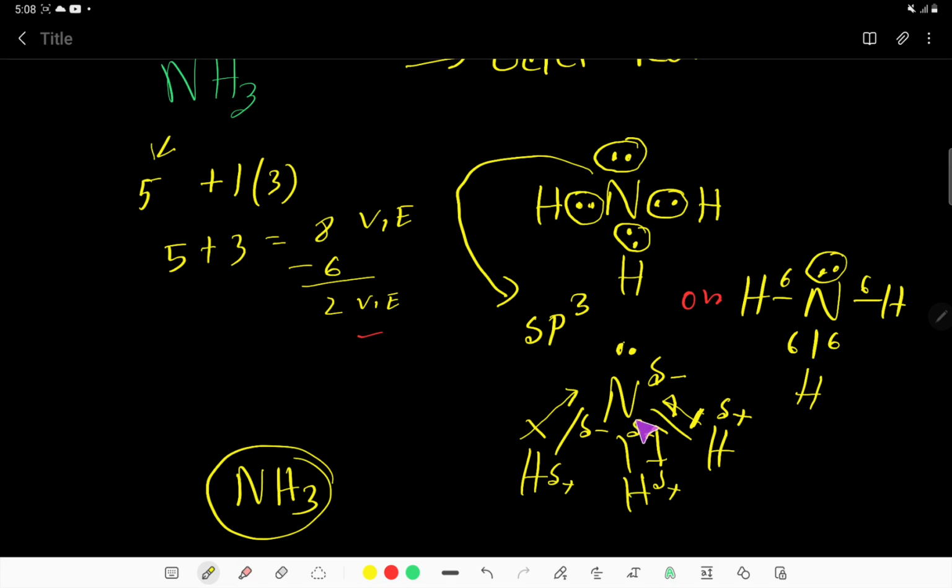When you talk about the polarity of a molecule, you have to consider the shape also, the geometrical shape of the molecule. Since ammonia has an asymmetrical shape, the bond dipole moments will not cancel each other. So you will have a net molecular dipole moment. So this is polar.